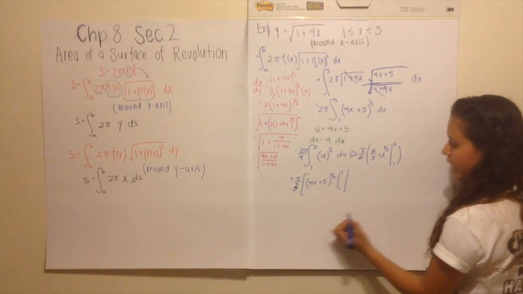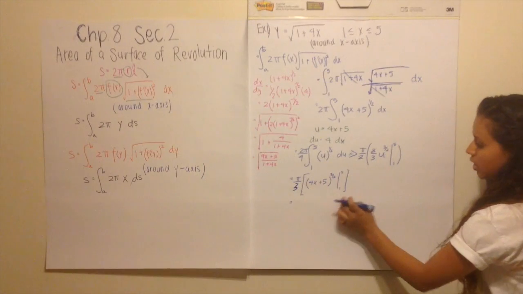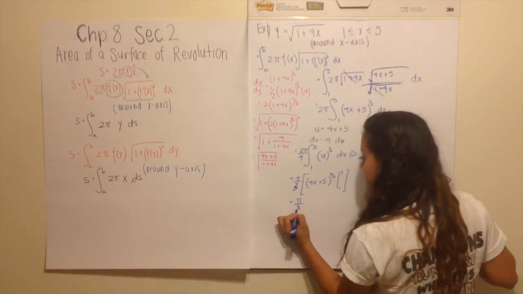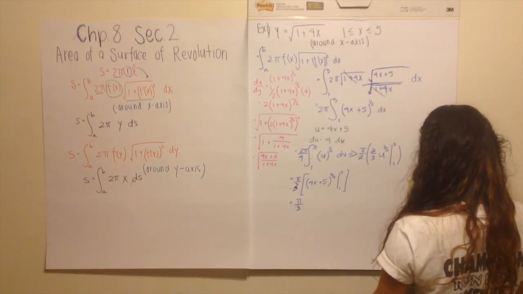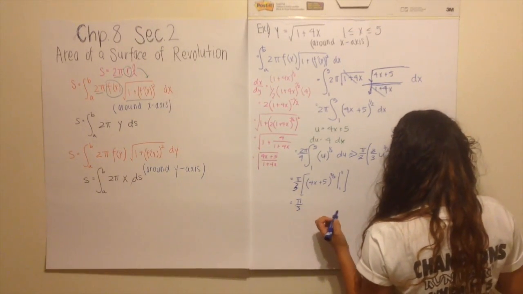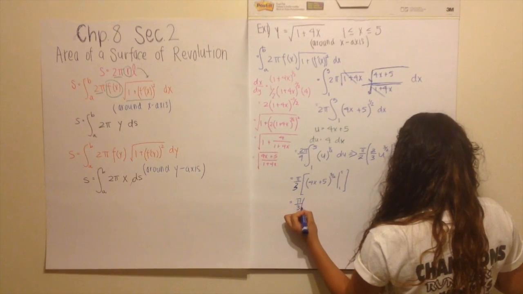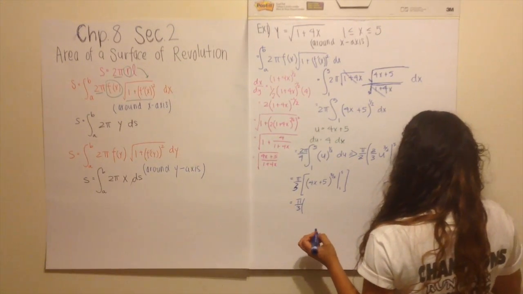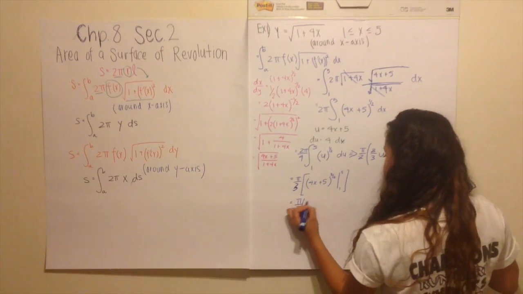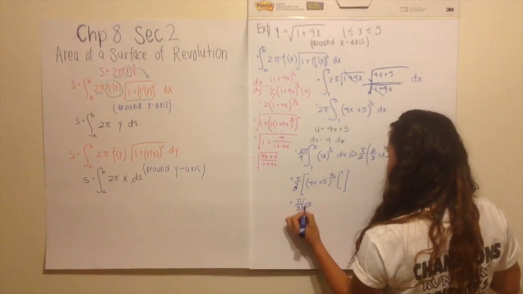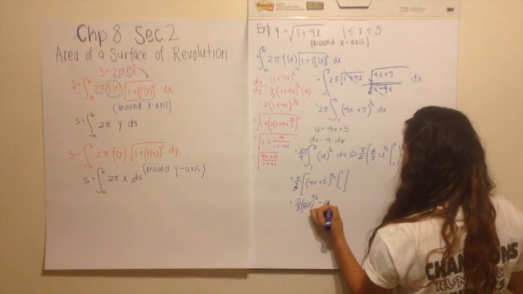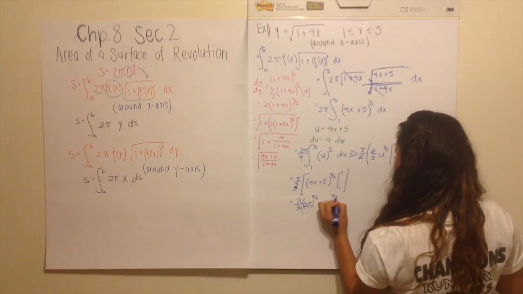So when we plug in our intervals, we end up having pi over 3 times 25 to the power of 3 over 2 minus 9 to the power of 3 over 2.